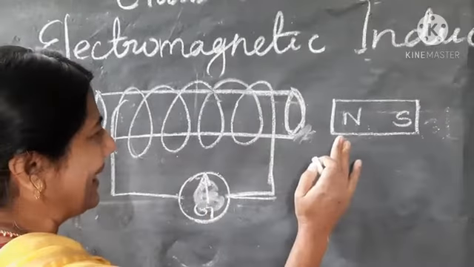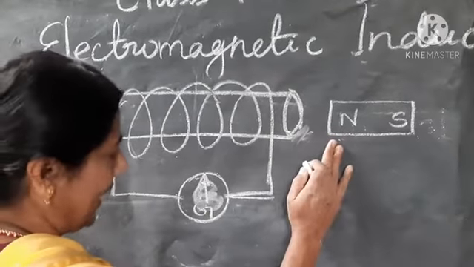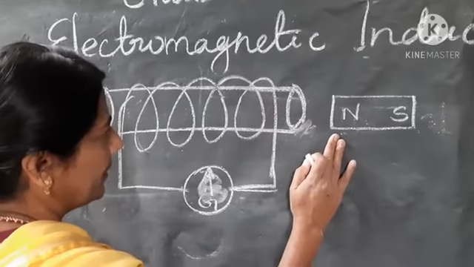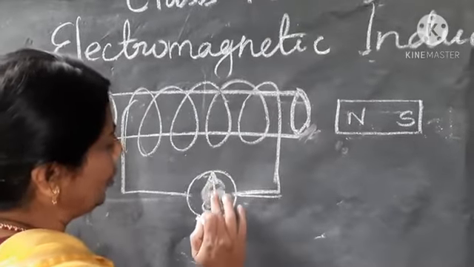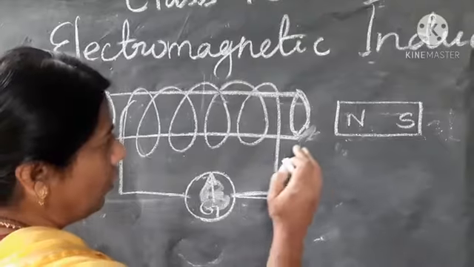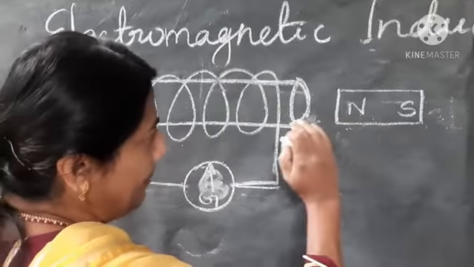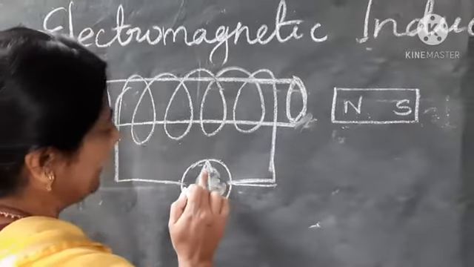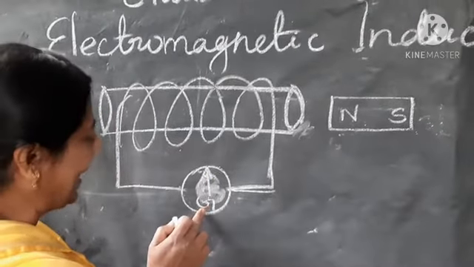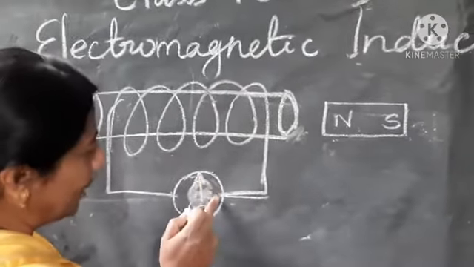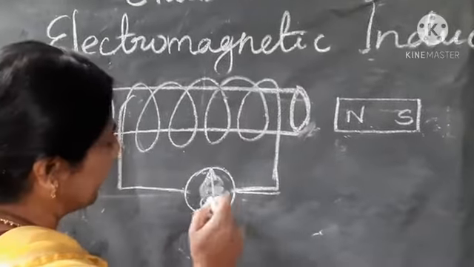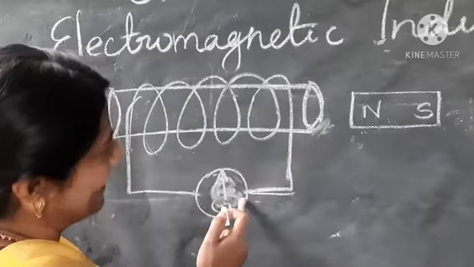Now keep the magnet stationary without any movement. It will come to 0. Now move the magnet away from the cylindrical coil. There will be a deflection in the galvanometer, on the opposite side. For example, it will be on the right side.